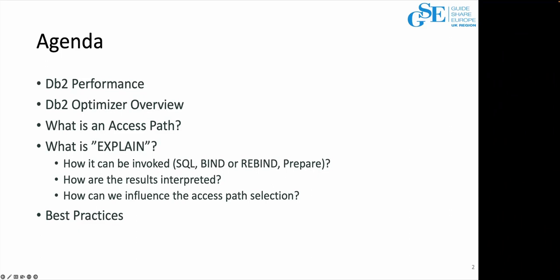And from there, we'll talk about execution plans or access paths, which leads us finally to explain what it is, how we can run it, and some suggestions for interpreting the results at a very basic level. We'll also have a quick look at the different ways this data can be displayed either directly in the DB2 catalog tables or visually with a tool. And at the end, if we have time, we'll have a very quick look at some best practices.